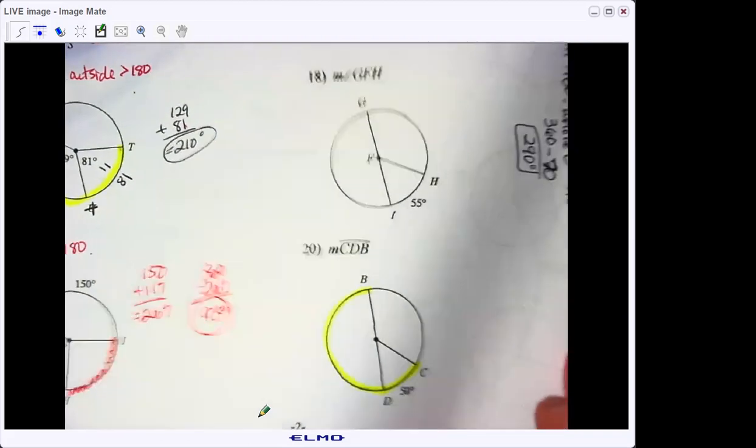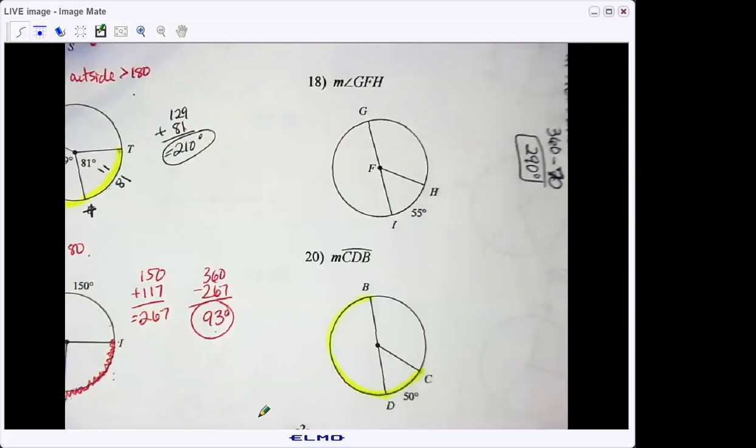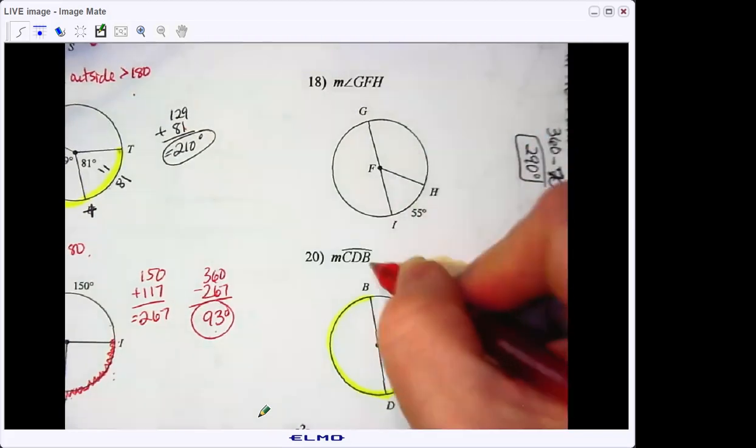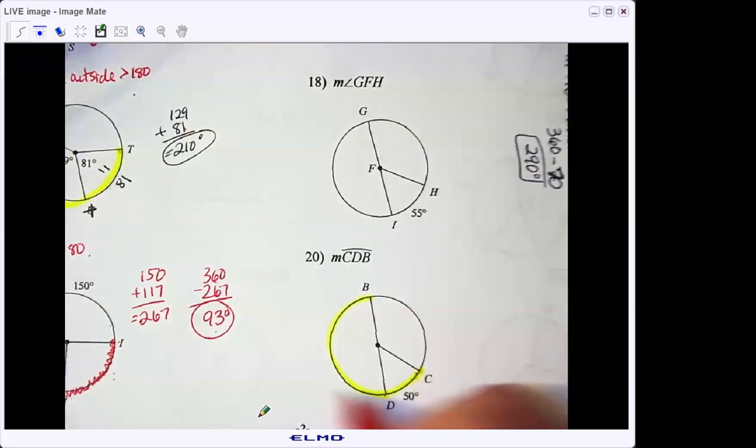Now we're looking at number 20. We're looking to see what the arc C to D to B is. That's the one highlighted in yellow. We're putting the answer in the chat box.